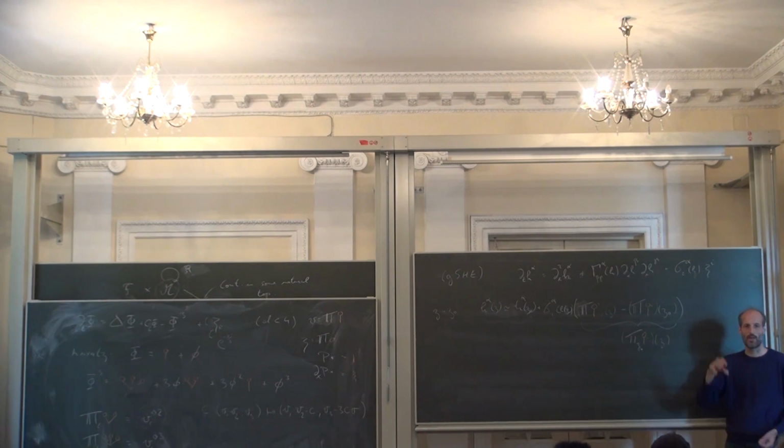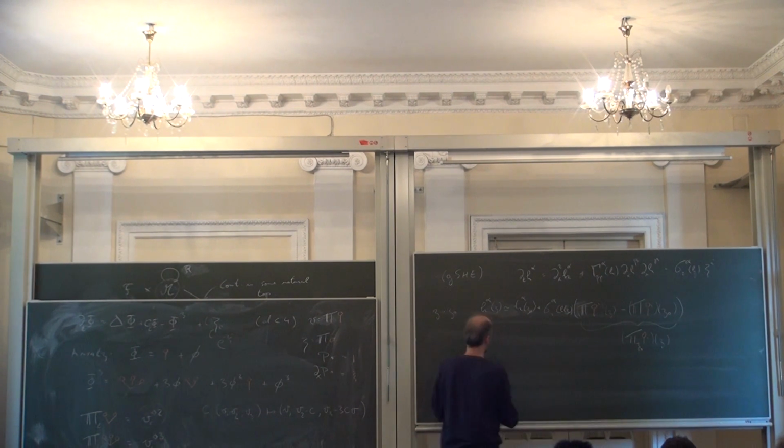I think of z0 as being fixed and of z as varying in a very small neighborhood around the point z0. And then I expect to have an expansion of the type, so let me just rewrite this.